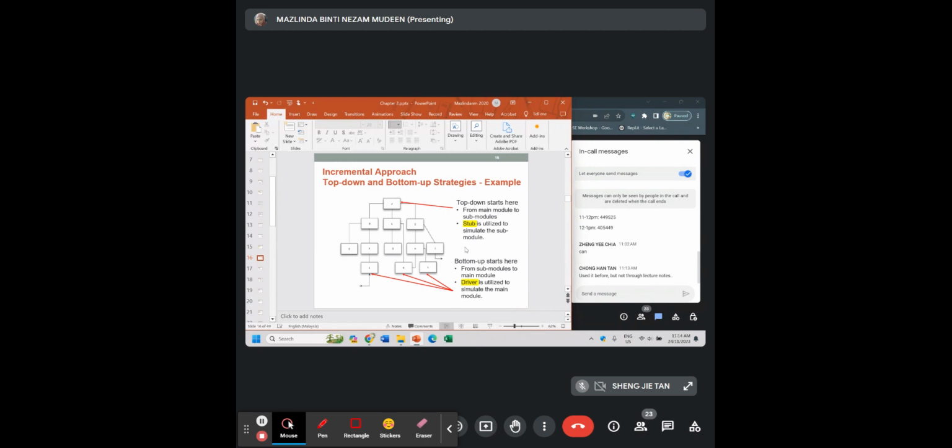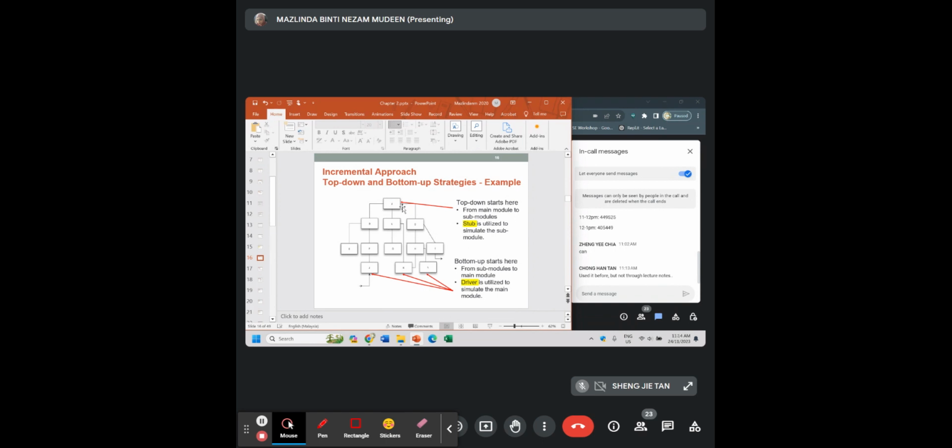That's why there are two different names here. So when we are using the top to down strategy, it means I start with the main module and I move down to the lowest level.